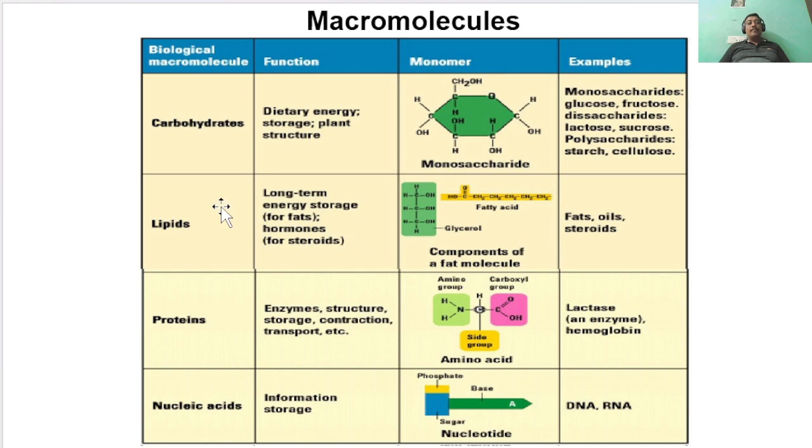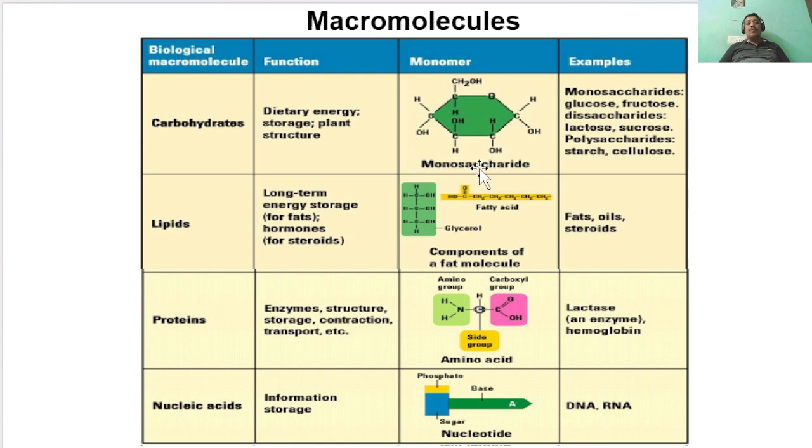To start with carbohydrate, we have the function of carbohydrate. As I told you, energy is the predominant primary source from carbohydrate because breaking of glucose, a process called glycolysis, if you can remember, we had discussed that in Unit 1, gives us an energy source called ATP.